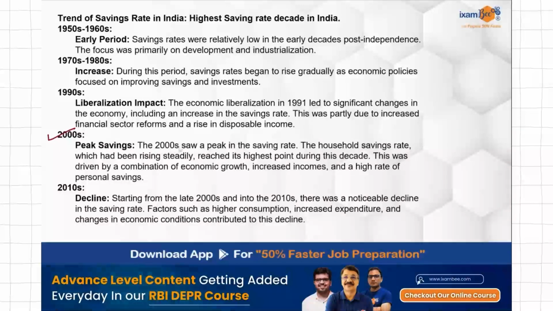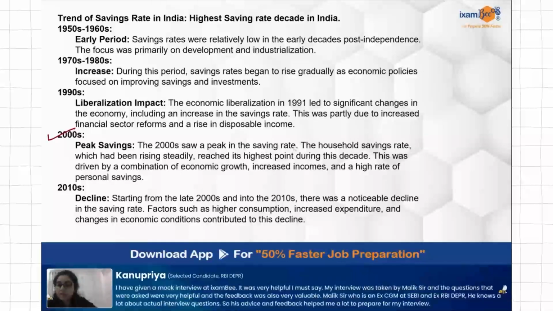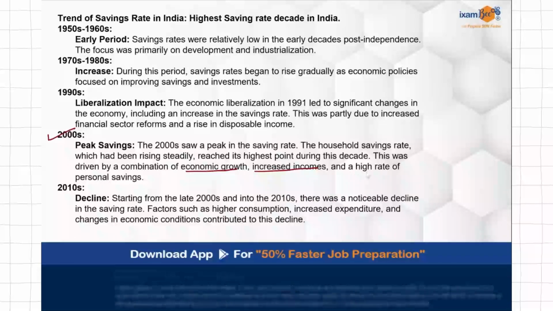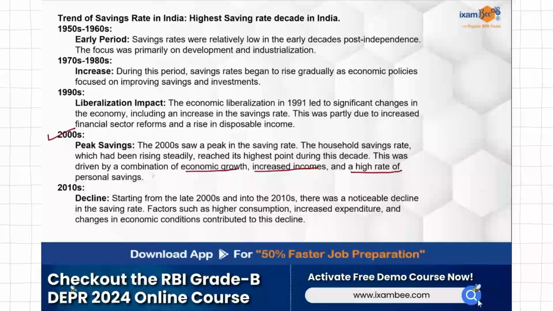Peak saving. The 2000s saw a peak in the saving rate. The household saving rate, which had been rising steadily, reached its highest point during this decade. This was driven by a combination of economic growth, increased incomes, and the high rate of personal savings.